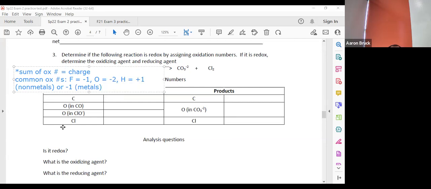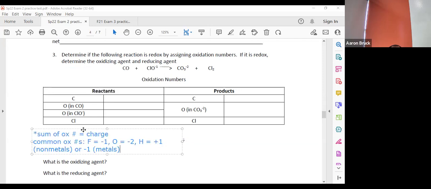The primary derivative off of those common rules is something I call the algebraic method. When I'm trying to determine the oxidation number of these substances, the algebraic method is what I'm going to use.